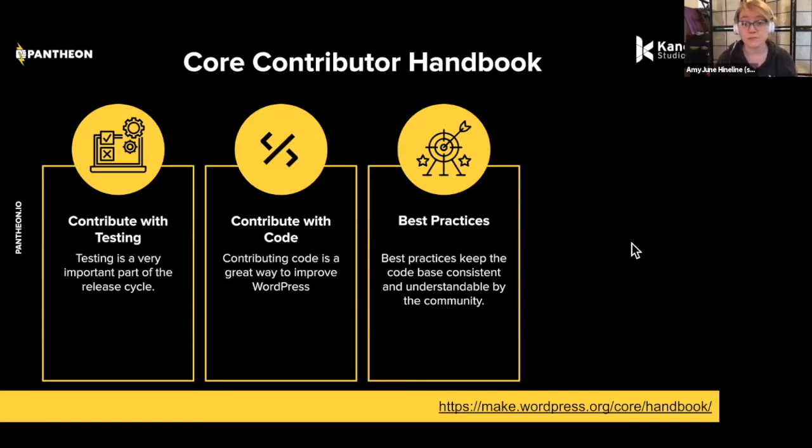So this section of the handbook covers coding standards, not only for PHP and JavaScript, but also for CSS and HTML, because every open source project and repository has its own set of best practices. This section also discusses APIs and the best practices to follow when writing patches. So this is another good resource for giving back to the Trac queue.